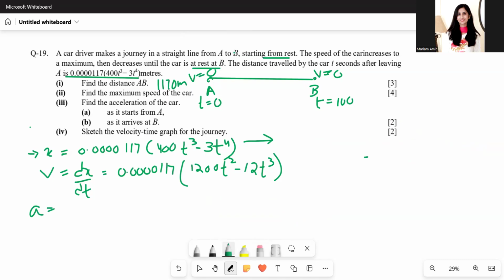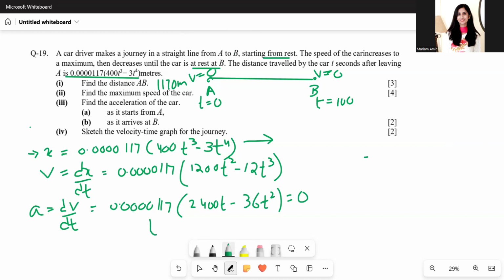So a would be dv upon dt, which would be 0.00000117 times (2400 t minus 36t squared). And when the speed is maximum, the acceleration is 0. Let's find the value of t from here.